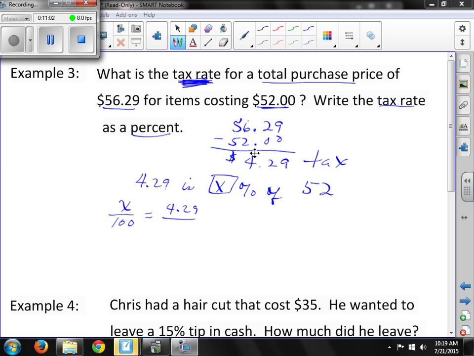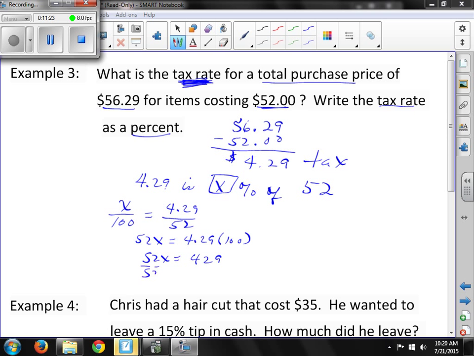4.29 over 52. So when we cross multiply, we'll have 52x is equal to 4.29 times 100. When I multiply by 100, it moves the decimal 2 times to the right, so I have 429.